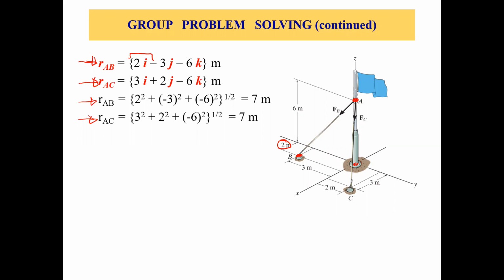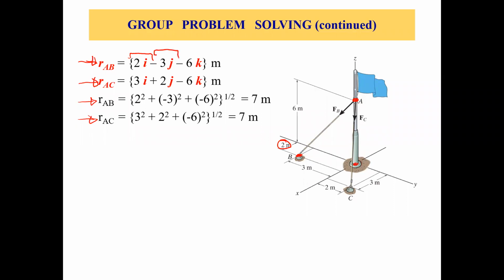What is the Y coordinate of point B? So this is the Y axis, and we have -3, because point B is in the negative Y direction. And what is the Y coordinate of point A? Again, point A is at the origin, so it's 0. So -3 minus 0, we get -3j.